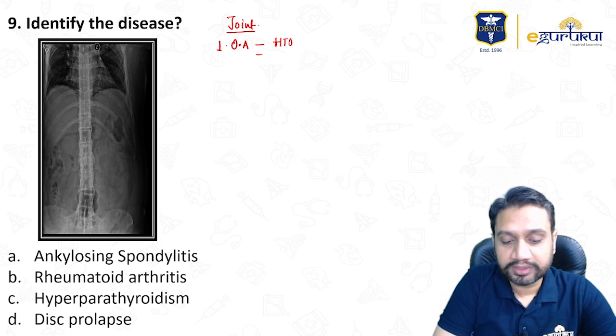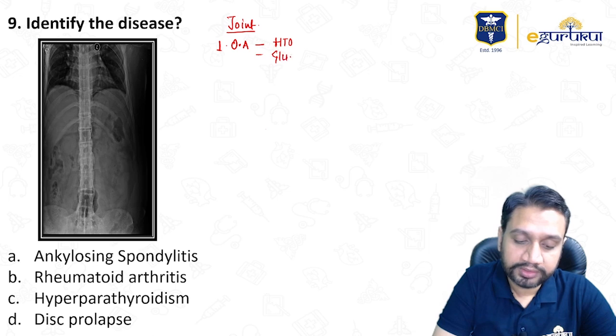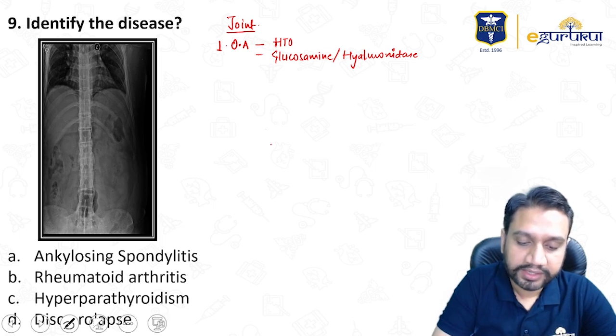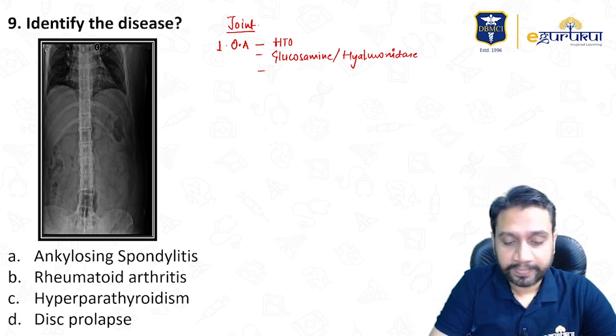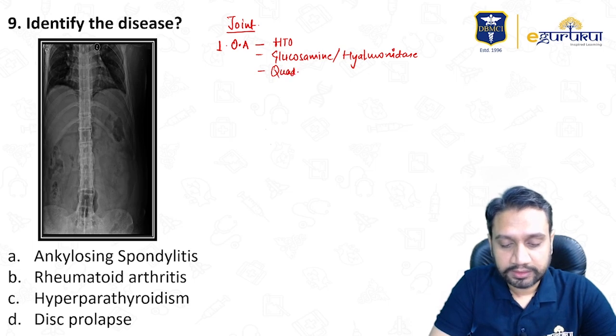Then the medical management, glucosamine and hyaluronidase for managing it conservatively. Then the most important muscle involved in OA, that is quadriceps. So these are 3 to 4 things to remember from OA.